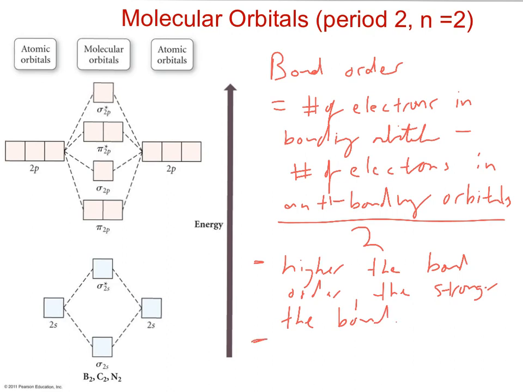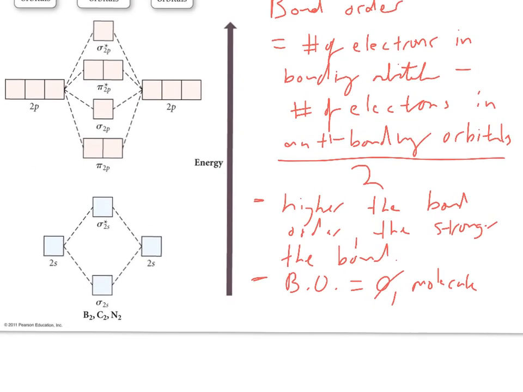Also, if you get a bond order equal to 0, the molecule doesn't exist or cannot exist. That's a bold statement, but it's nonetheless true. And we'll do a calculation where we look at a molecule that doesn't exist.